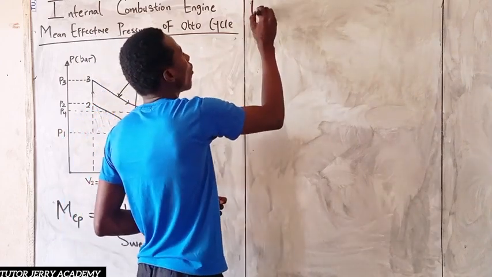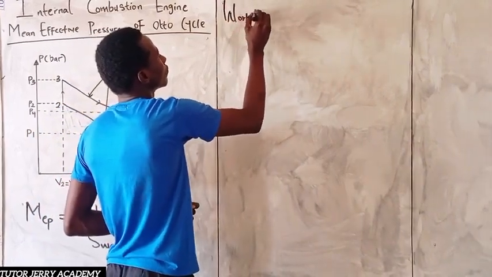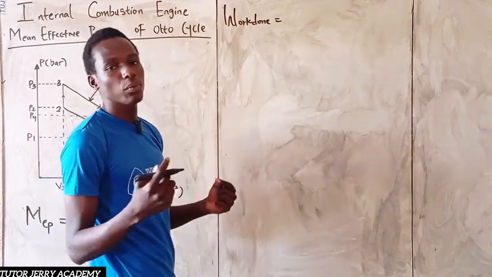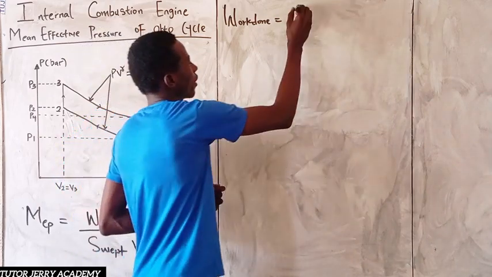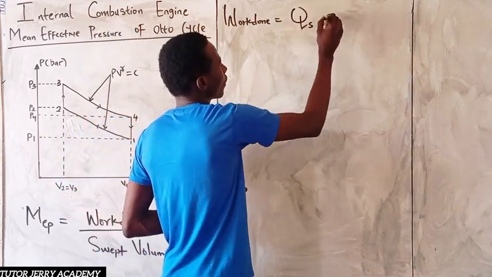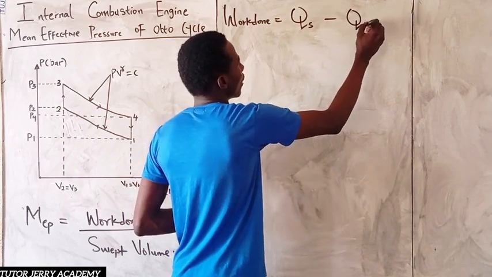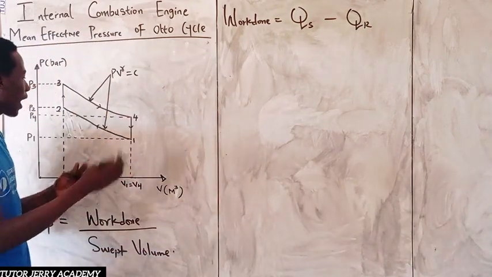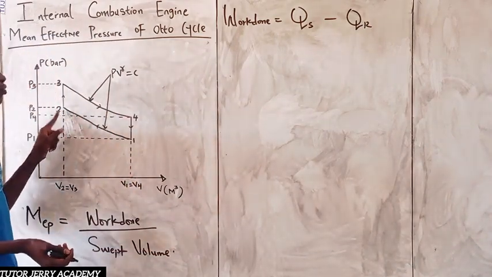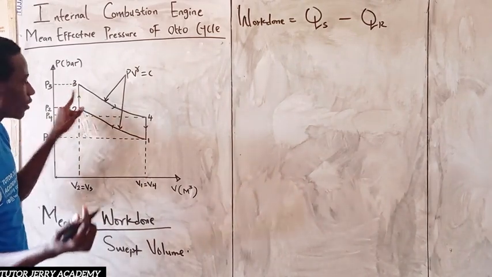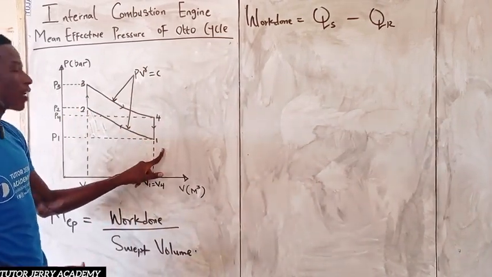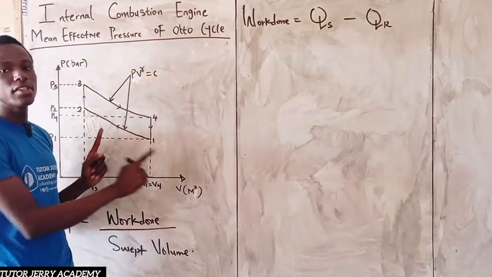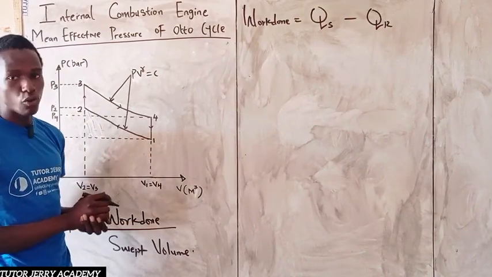Now, like I said before, work done is nothing but heat supplied minus heat rejected. So I can denote this by QS, heat supplied, minus QR, which is heat rejected. If you come to this diagram, the heat supplied is from state 2 to state 3, and the heat rejected is from state 4 to state 1. And don't forget also, the heat supplied is at constant volume and the heat rejected is at constant volume.